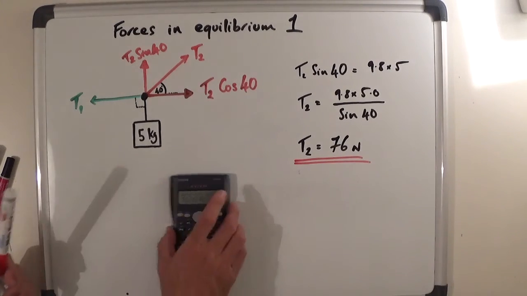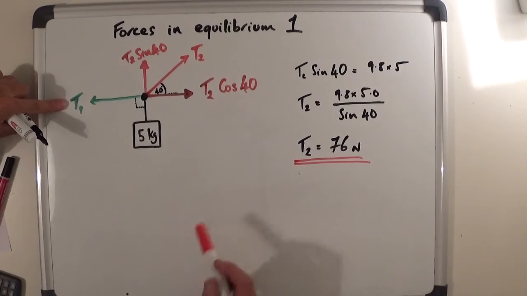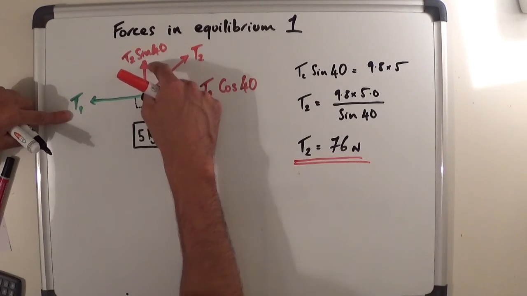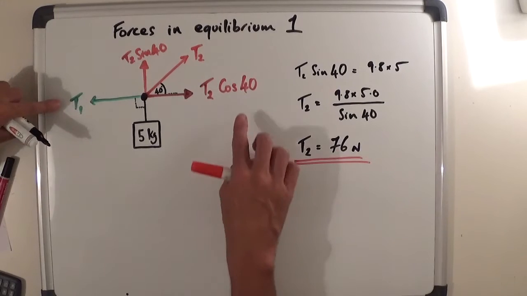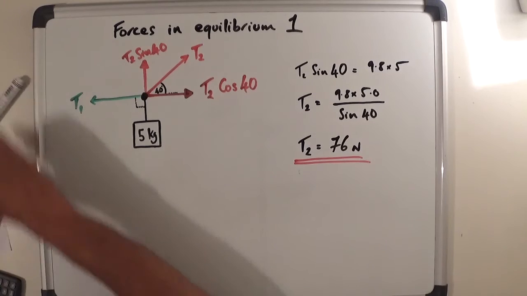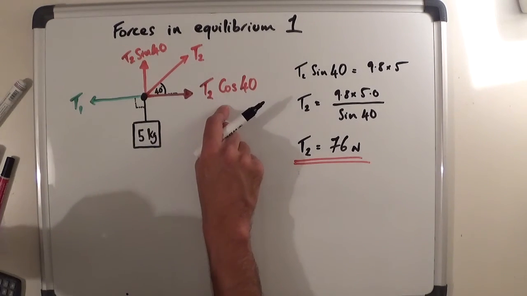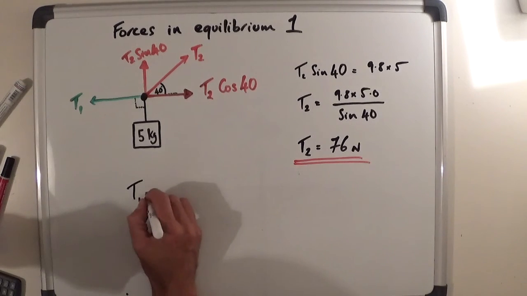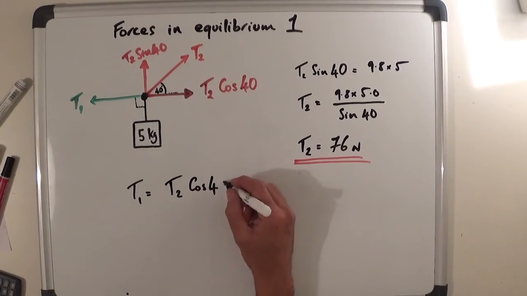So straight away I now know the value of T2. If I want to know what T1 is, I'm looking at this again. We've already established that the only upward force is T2 sine 40. The only sideways, horizontal forces are T1 and T2 cos 40. So I can do a second statement: T1 is equal to T2 cos 40.